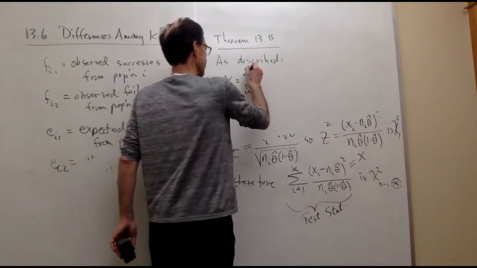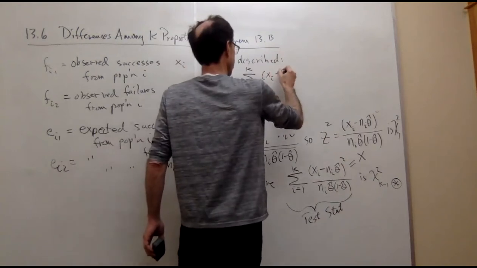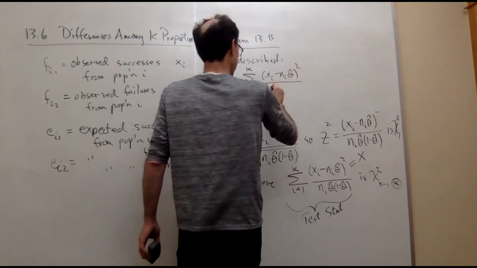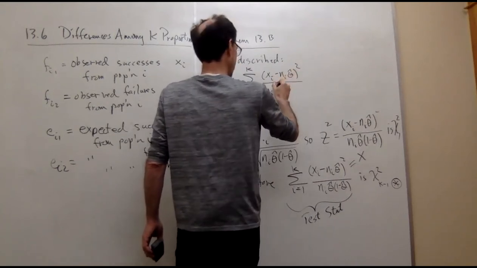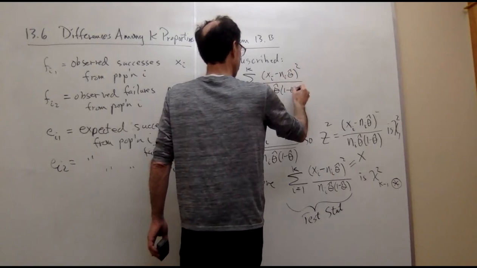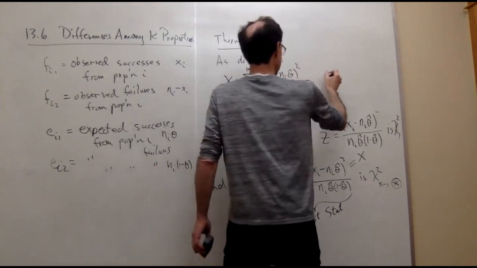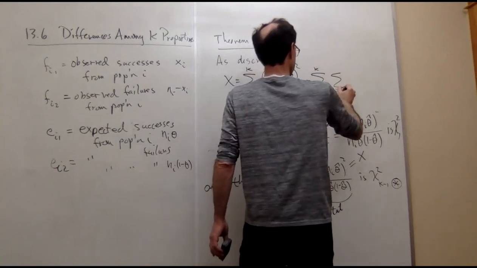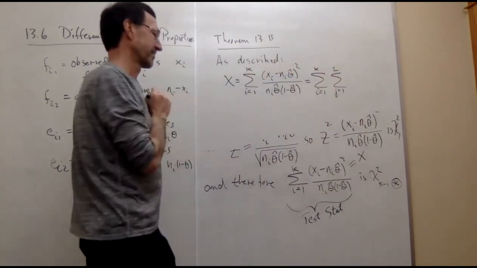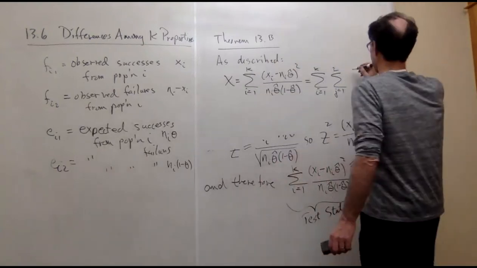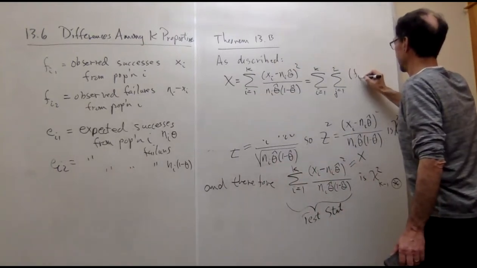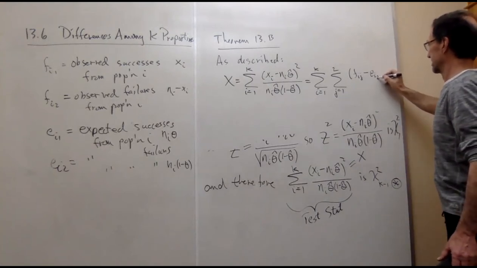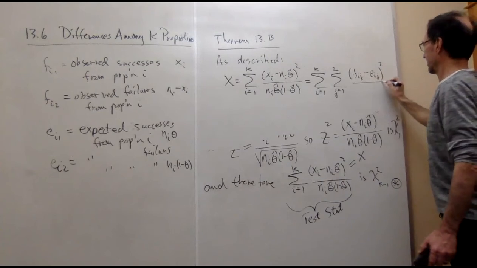The sum from i equals 1 to k of (xi minus ni theta hat) squared over ni theta hat times (1 minus theta hat) is the same as the double sum, i equals 1 to k, j equals 1 to 2, of Fij, the observed values, minus the expected, squared, divided by the expected.